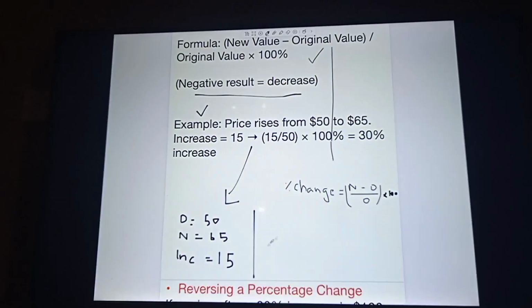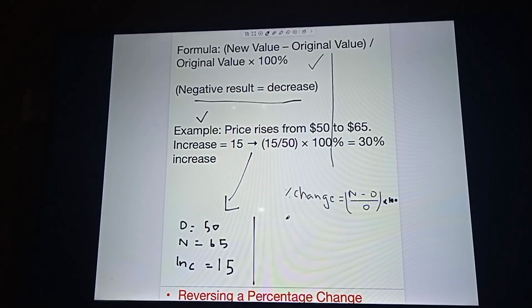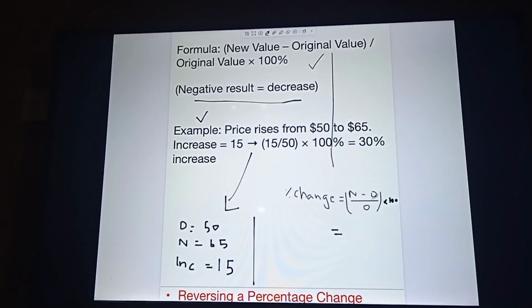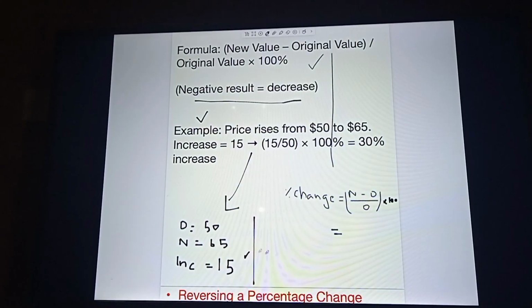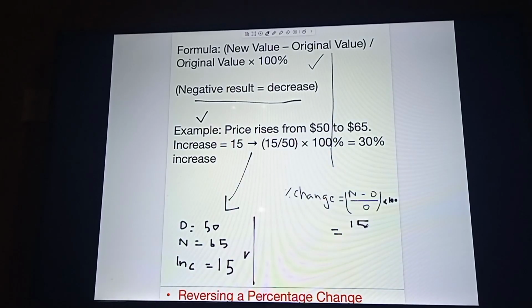So we have to calculate the increase percentage. So percentage increase is equal to new minus old, new minus original, which is this now. So put 15 and divide it by original, which was 50, and then multiply it with 100.